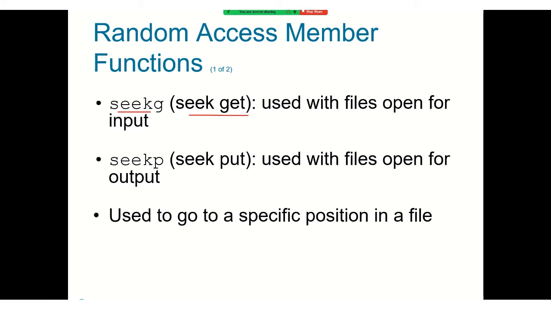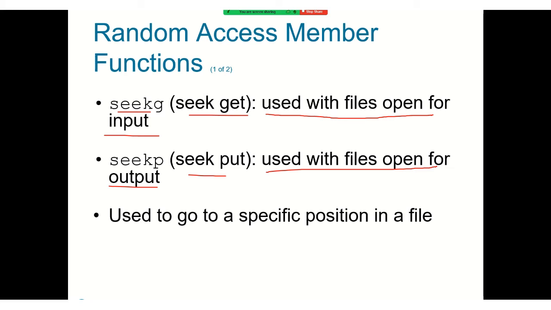Seekg is seek get, used when the file is open for input, and seekp is seek put, used when the file is open for output. Those are the two interesting functions for random access files.